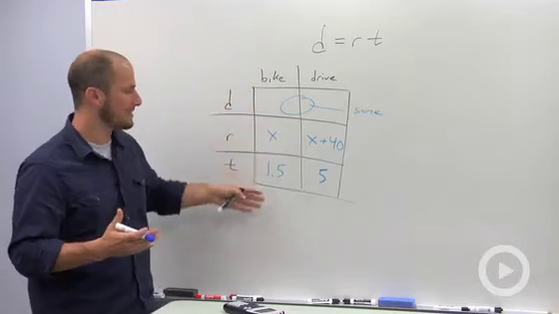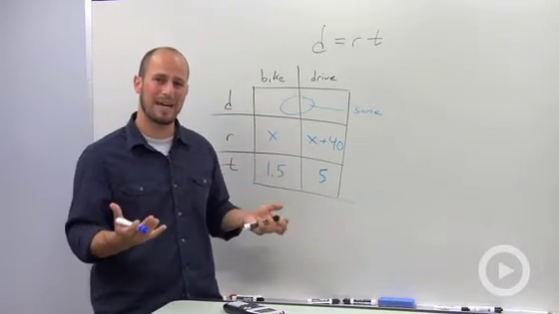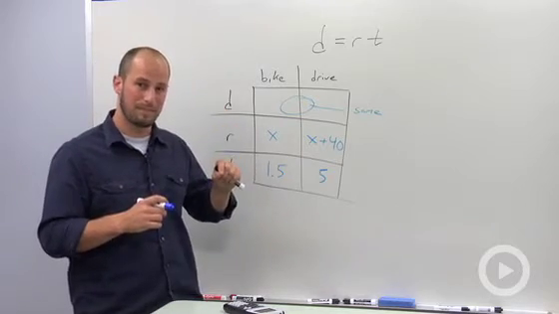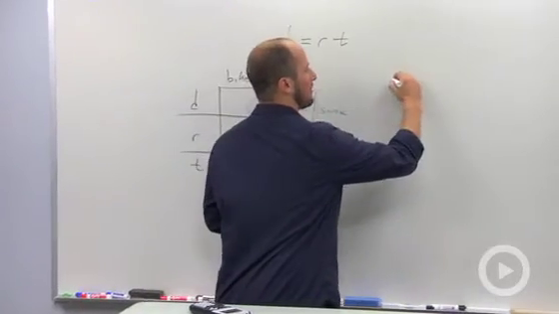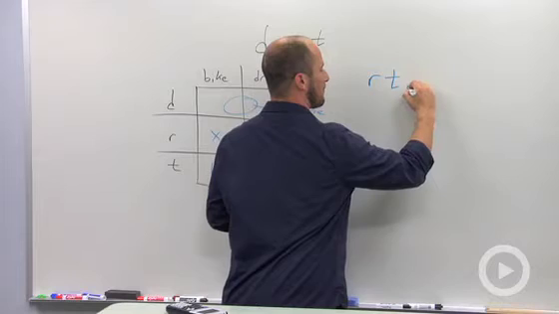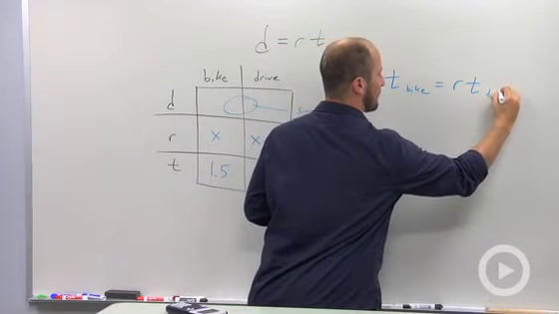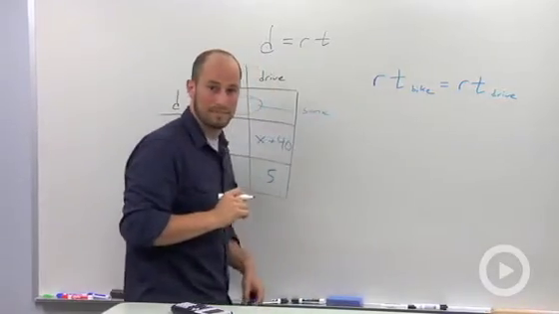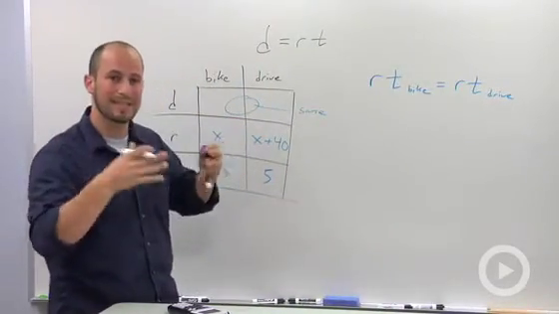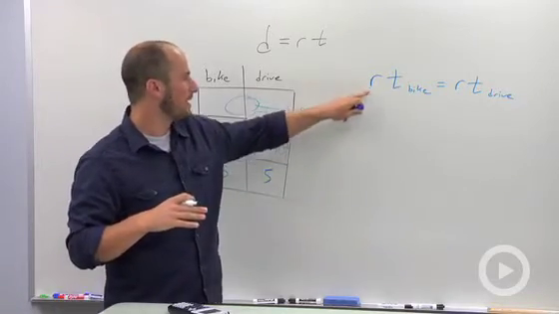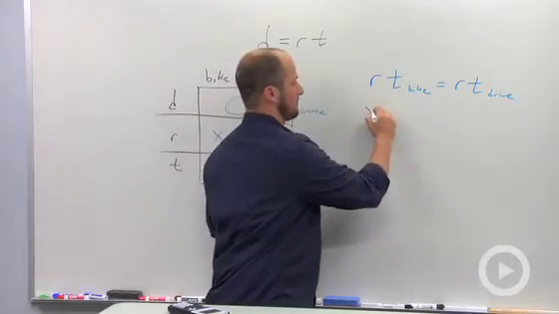So we now have a table. We have distance, rates, and times for everything. We need to figure out how to piece it all together. The trick is that our distances are the same. So we know that rate times time of our bike is equal to rate times time driving. They're going the same place, so it has to be the same distance. Okay, so our rate of biking is x.